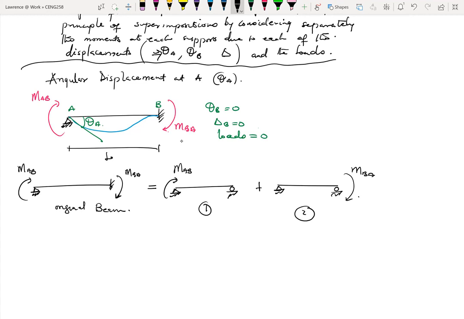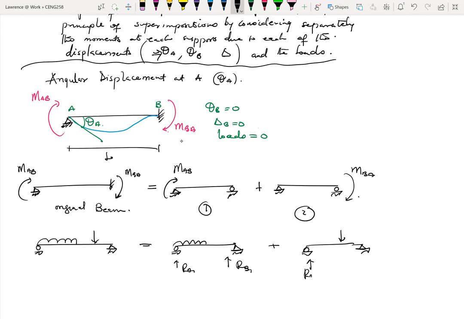We have looked at the principle of superimposition, I think, last semester, and I even explained, for example, if you have a beam, okay, let's say maybe a series of loads acting on the beam, we can break the beam into sections whereby we have one case with only one of the loads, with another case with the other load on it. So that if you find, let's say, RA1, you find RB1, here you find RA2, and then RB2.